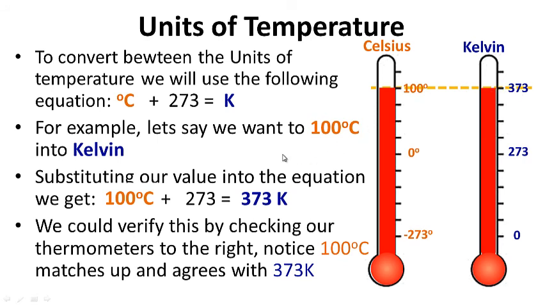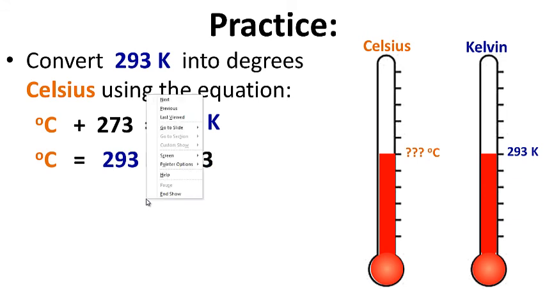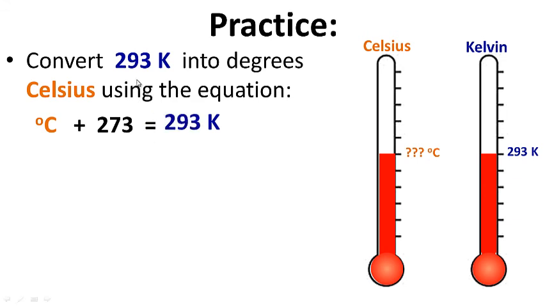So practice on your notes. Write the question on the left-hand side here. Go ahead and pause this while you do your calculations. When you're ready to check your work, hit play. Okay, so let's go back here.